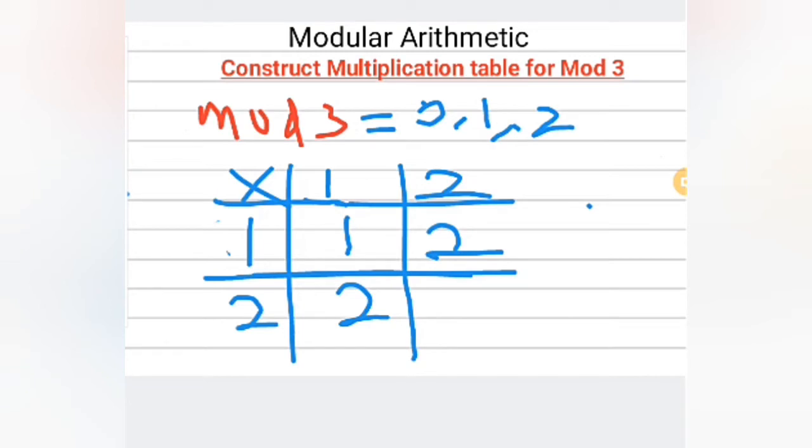4. But in this case, we can't write the 4. So you are dividing the 4 by the modulus number, which is 3. So here you have 4 divided by 3, which is going to give you 1, remainder 1.